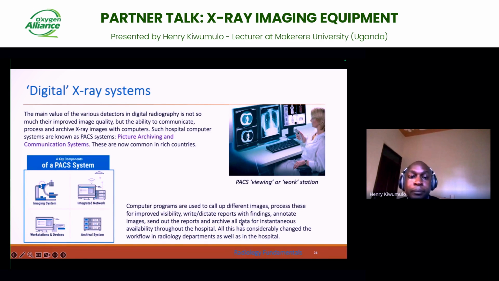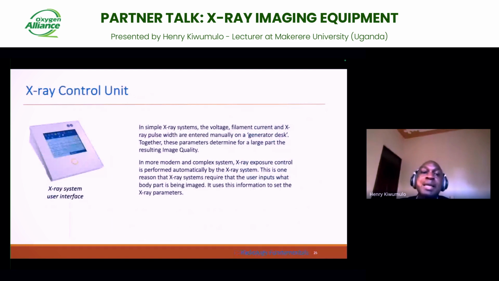Computer programs are used to call up different images, and through that you can always improve communication. Even radiographers or radiologists can share ideas through this kind of digital X-ray system. So there is quite a considerable change that these systems have brought.